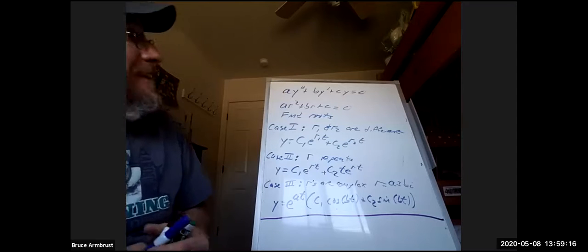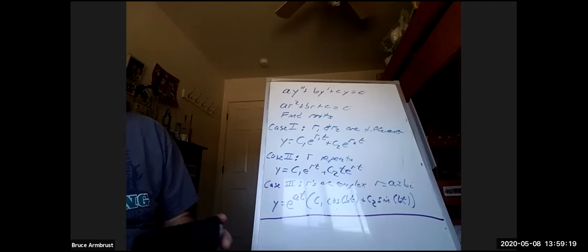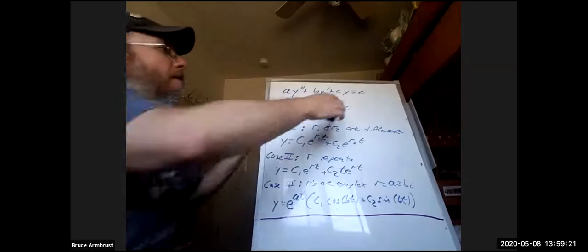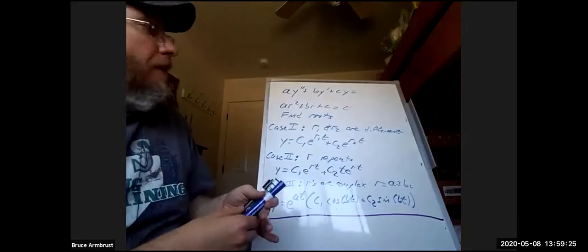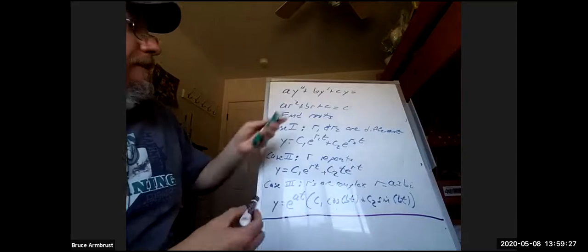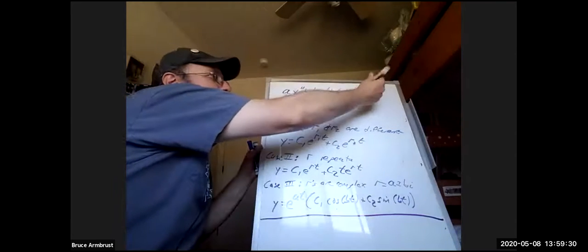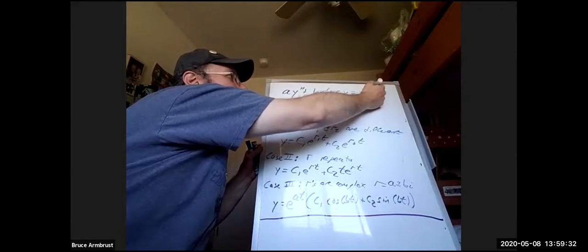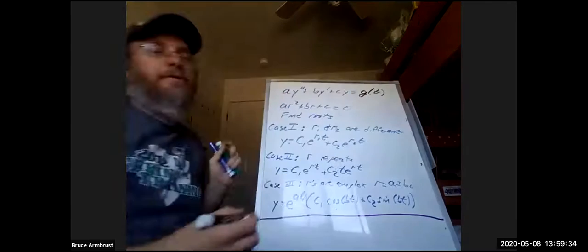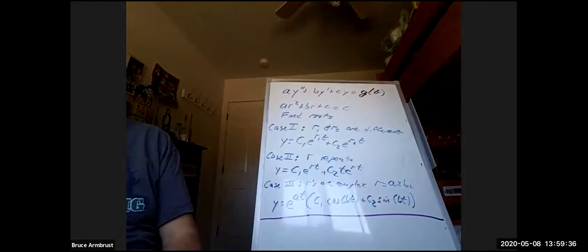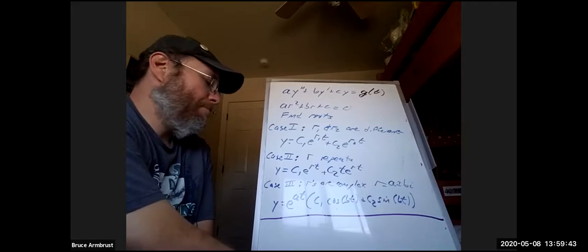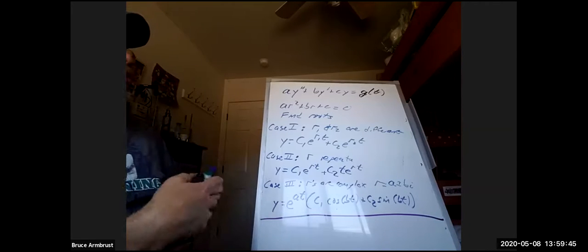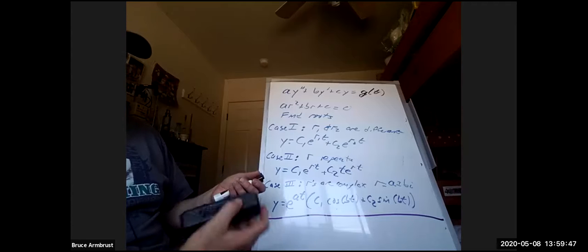So what we're going to do now is turn our attention to what if they are not homogeneous. So instead of this equaling 0, what if this is equal to, say, g of t? So what do we do now? So we're expanding our world a little bit, right?